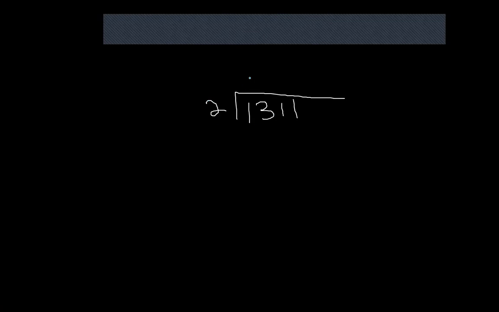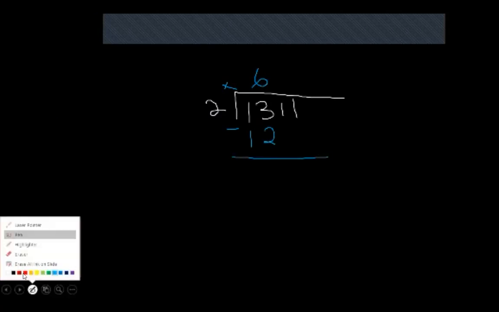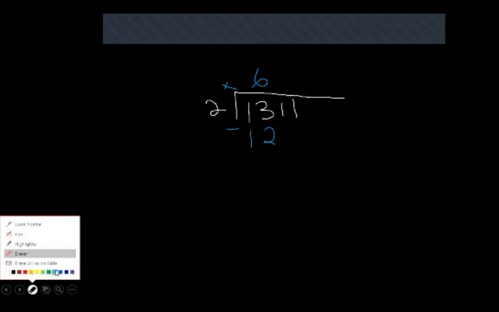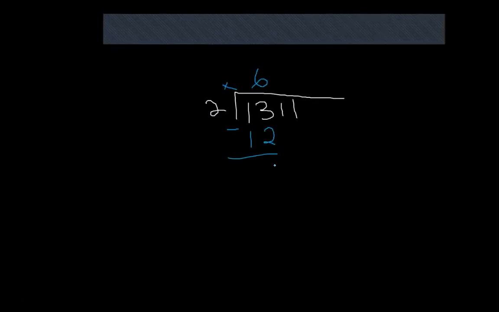Well, you say 2 into 1, you can't do that. Then you would say 2 into 13. 2 into 13 is 6, because 6 times 2 is 12. 13 minus 12, that's 1.